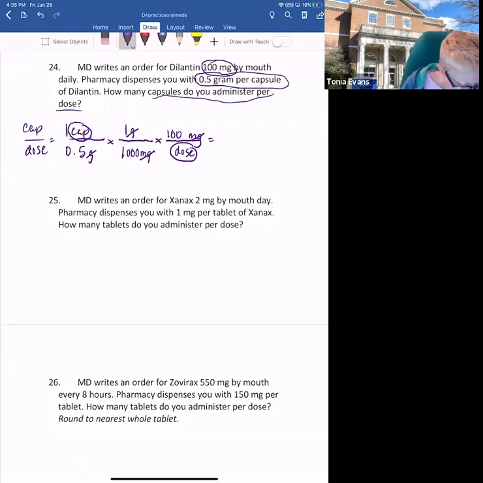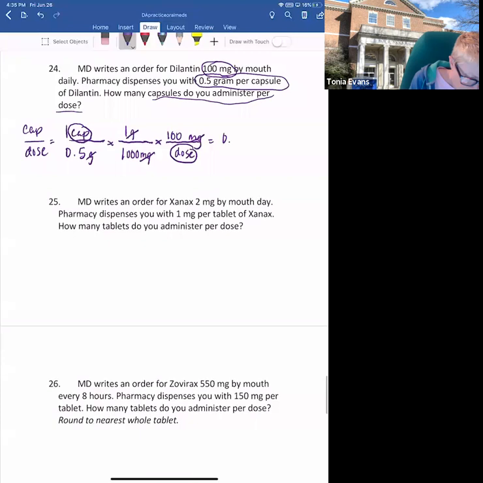If I do my math, I've got 1 times 1 times 100, so I've got 100 divided by 0.5 divided by 1,000 equals 0.2. Well, this is a bad question. You're not going to have 0.2 capsules.